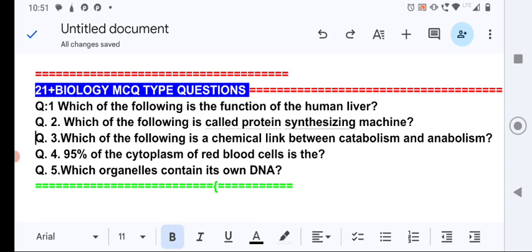Question number 4: 95% of the cytoplasm of red blood cells or RBC is what? Question number 5: which organelles contain their own DNA? These are certain samples of the questions which we describe in my video below.